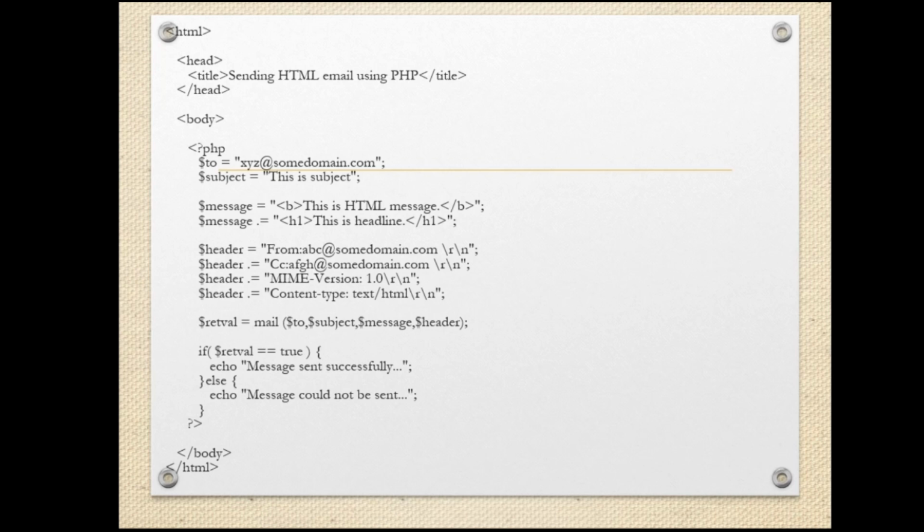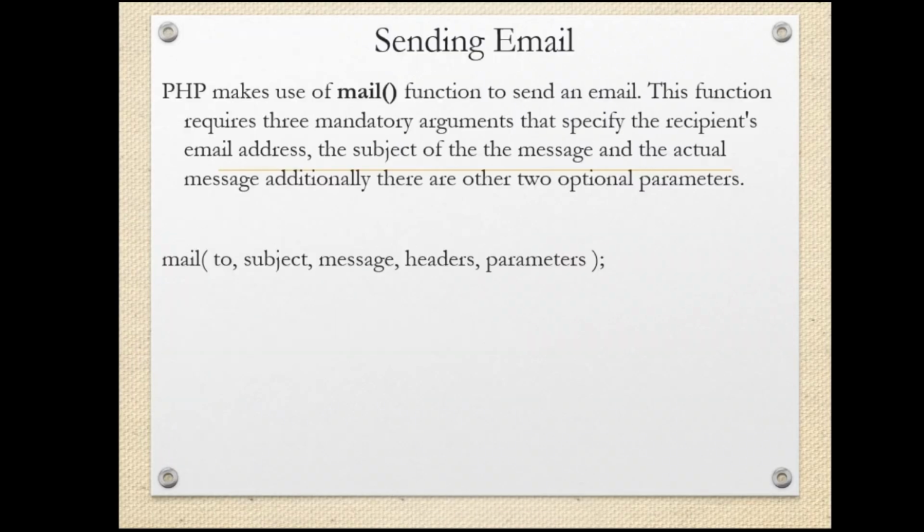If it is true, that means your message is sent successfully, else your message could not be sent. So this, students, is a simple example of how to send an email in PHP. Make sure that you run this example, then only you will understand how your mail is sent to another person. So this is the end of chapter number 5.